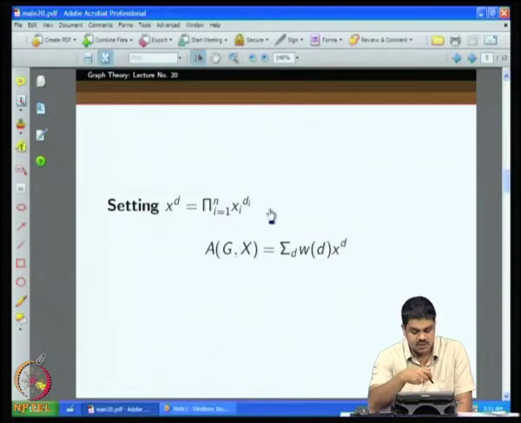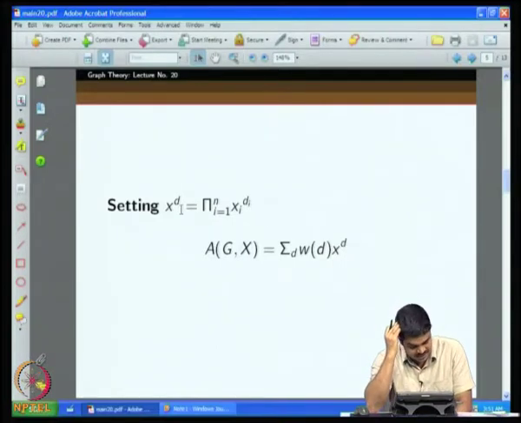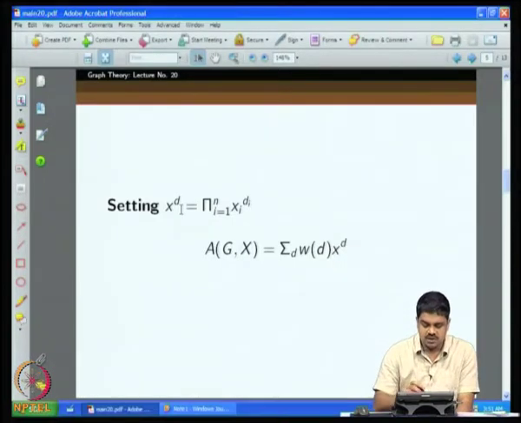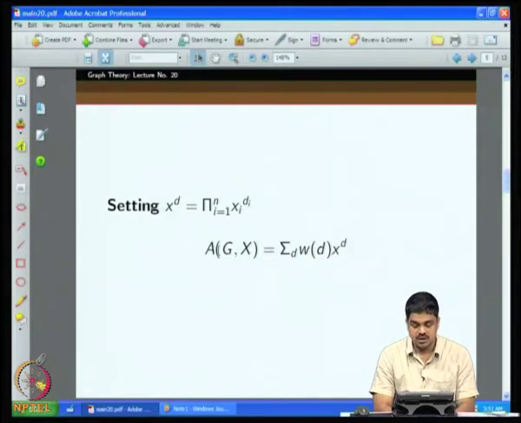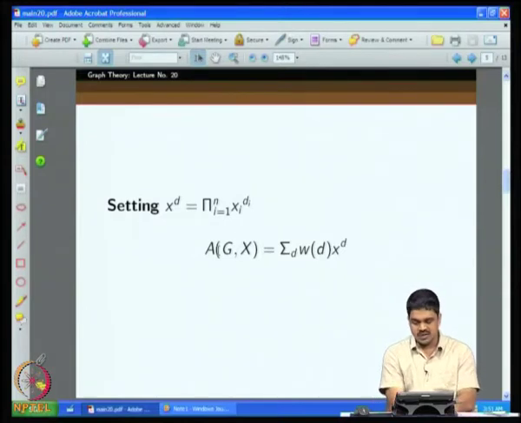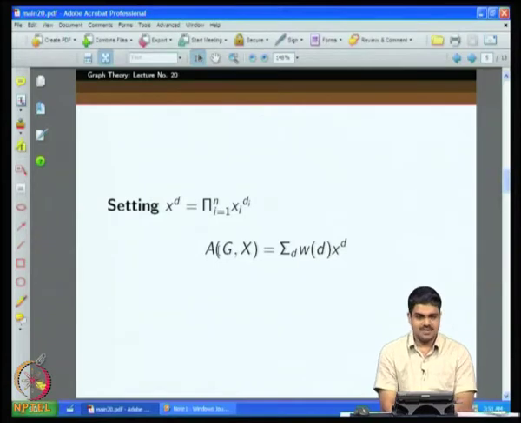This monomial's short form is x raised to d. Then we can write this polynomial g of x as the sum over all possible degree sequences of the weight of the degree sequence times x raised to d, that is the monomial. Sorry, it is the weight of the degree sequence, it need not be plus or minus 1, it can be something else also. This is the way we can write it.